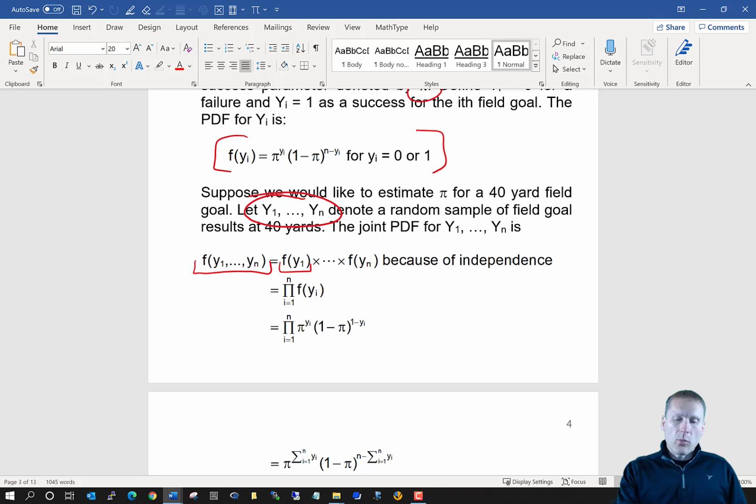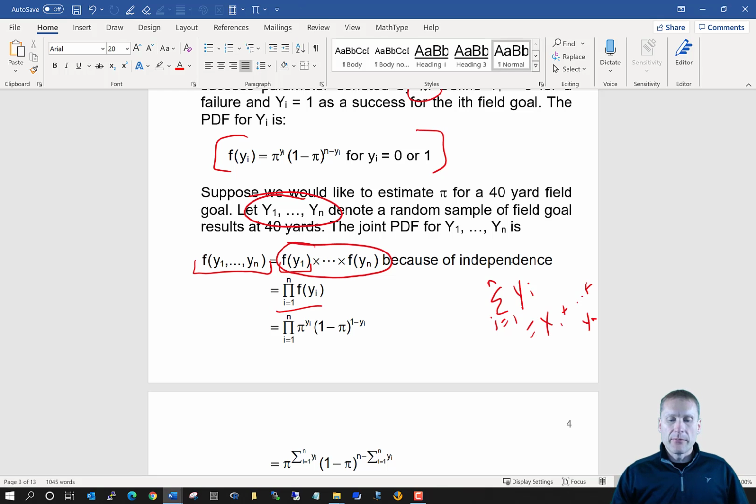Now, one can write the product of all these f of y's in a simplified form using a product notation. We've seen, obviously, summation notation, such as the sum from i equals 1 to n of y sub i. That's just y1 down to yn in terms of the sum.